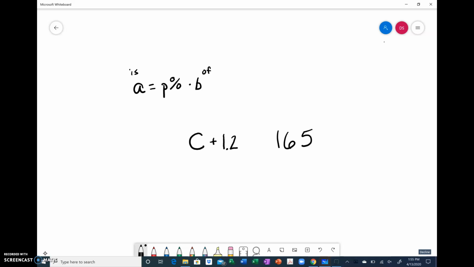Look back at a previous lesson if you're having trouble with that part. Plus 1.2 times Cicely's salary, okay, equals 165.